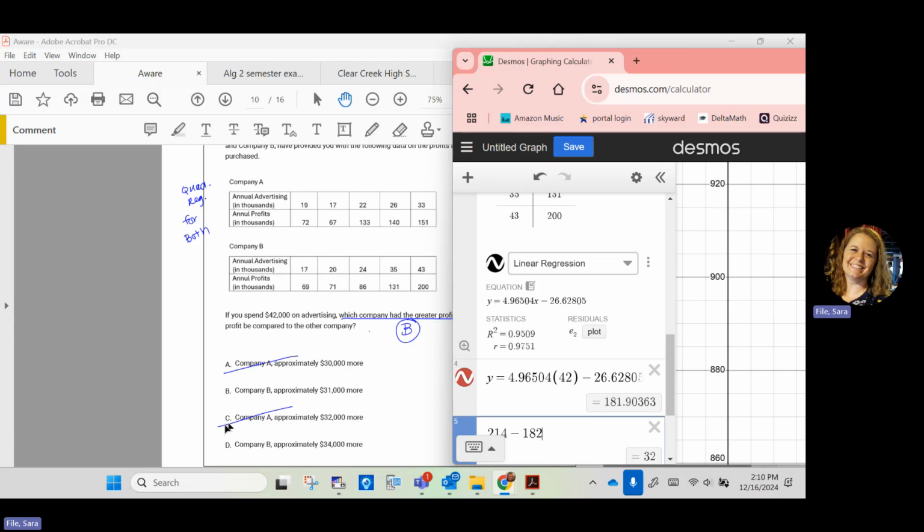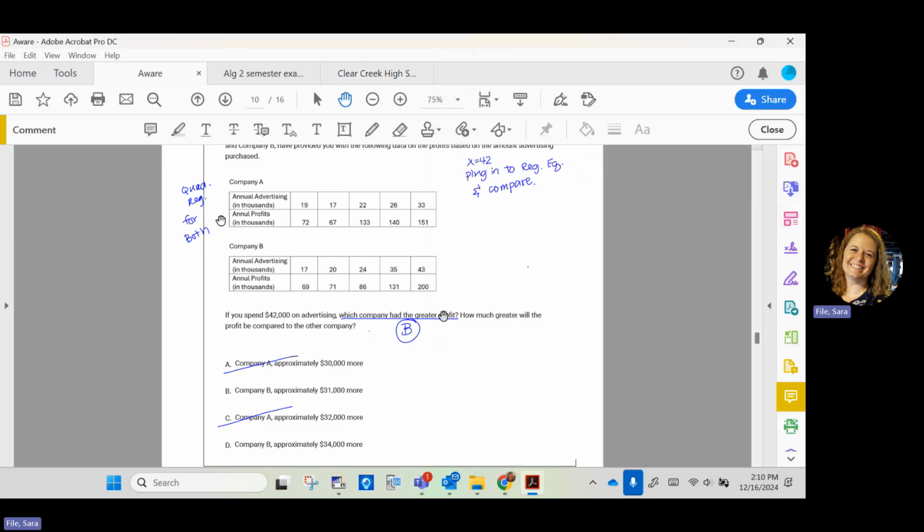So that's what AWARE is looking for. But I just want to point out that there's a lot wrong with that question, because definitely quadratic should have been used, and it shows company B would be better if we did quadratic for both of those, because for both of those, the R squared was closer to 1 with quadratic regression.